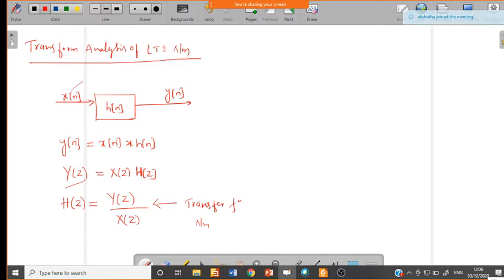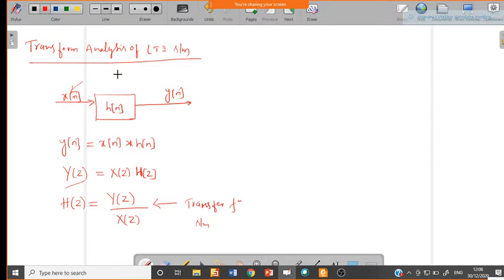Now if we know the time domain signals x of n and y of n, we can compute h of n. First we take them into the z domain, then we solve using the methods we follow, and finally by taking the inverse z transform we can find the impulse response of the system.